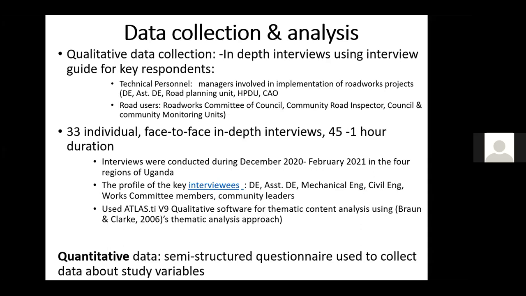We had 33 individuals and we carried out face-to-face interviews lasting between 45 minutes and 1 hour. These interviews were conducted between December 2020 and February 2021 in the 4 regions of Uganda. And this is, Chair, the key profile of interviewees.